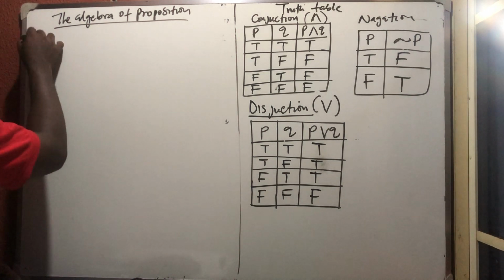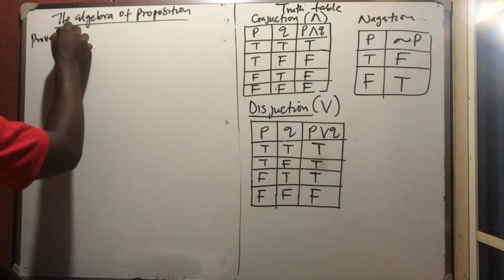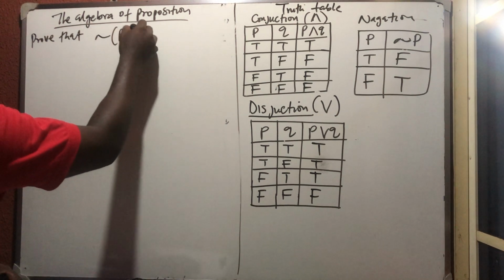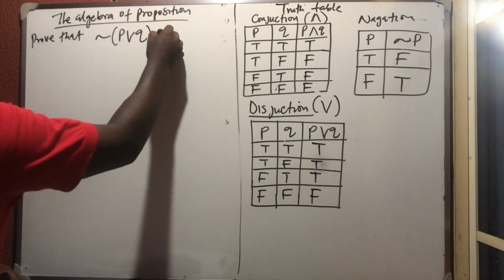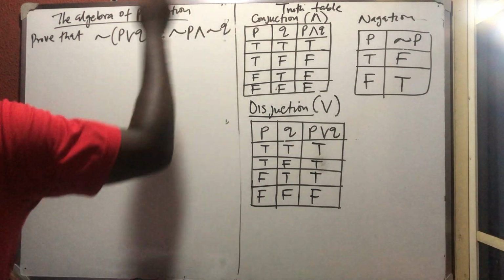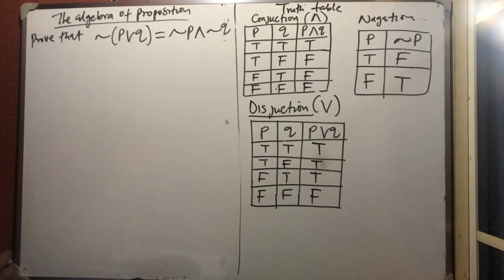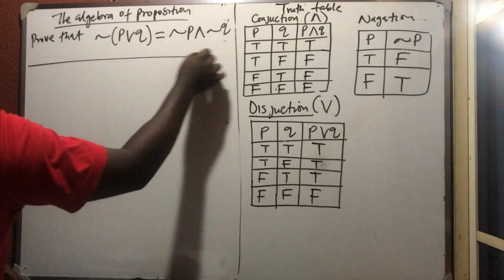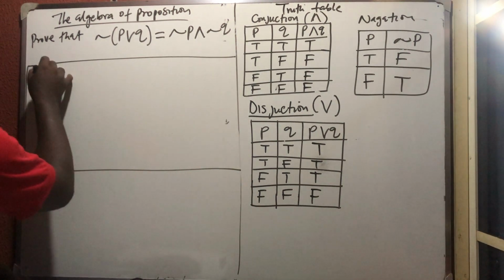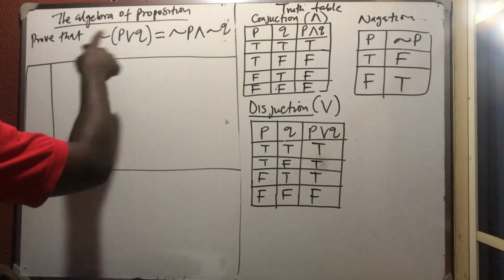The first one said, prove that the negation of P and Q is equal to the negation of P or the negation of Q. In proof, look at the way we do proof here. In fact, you are going to put everything here.